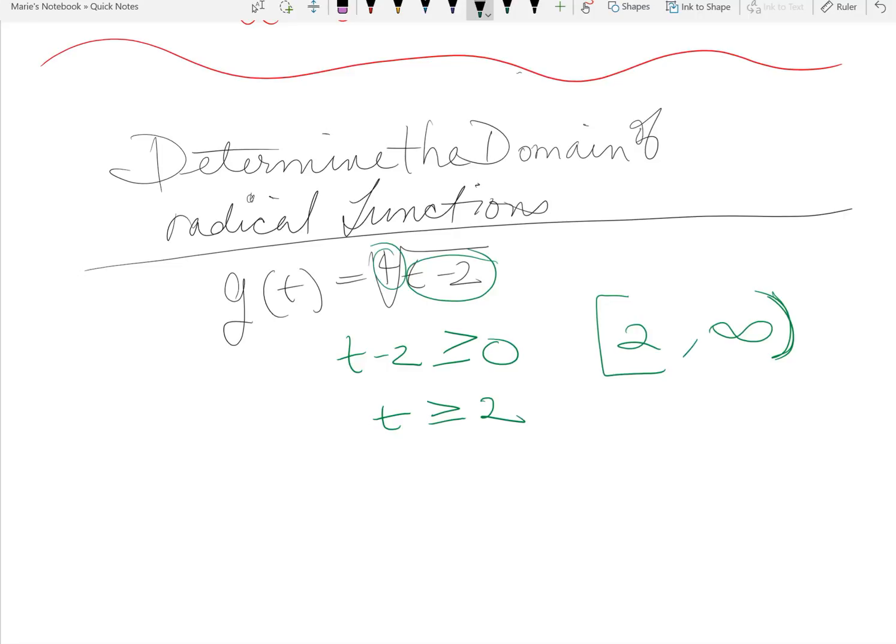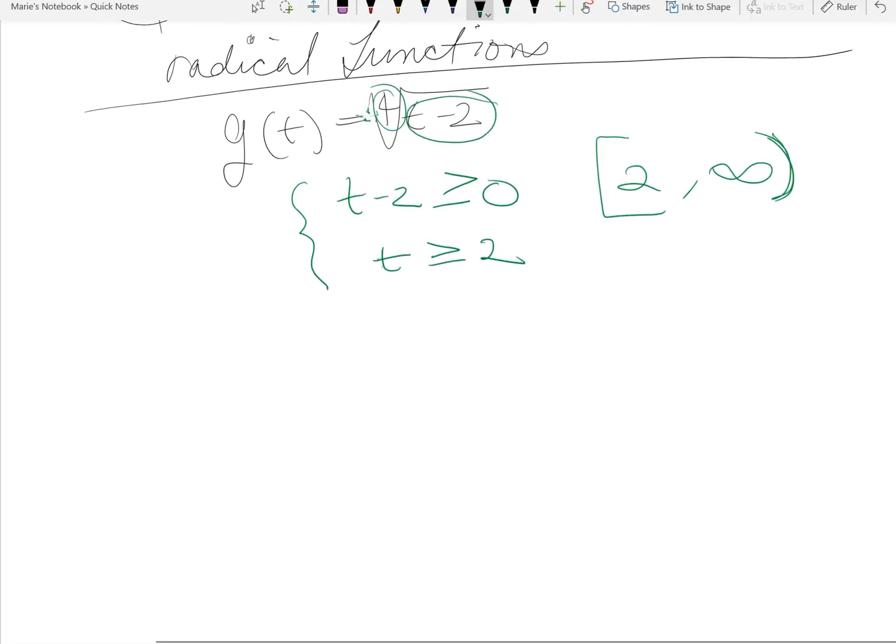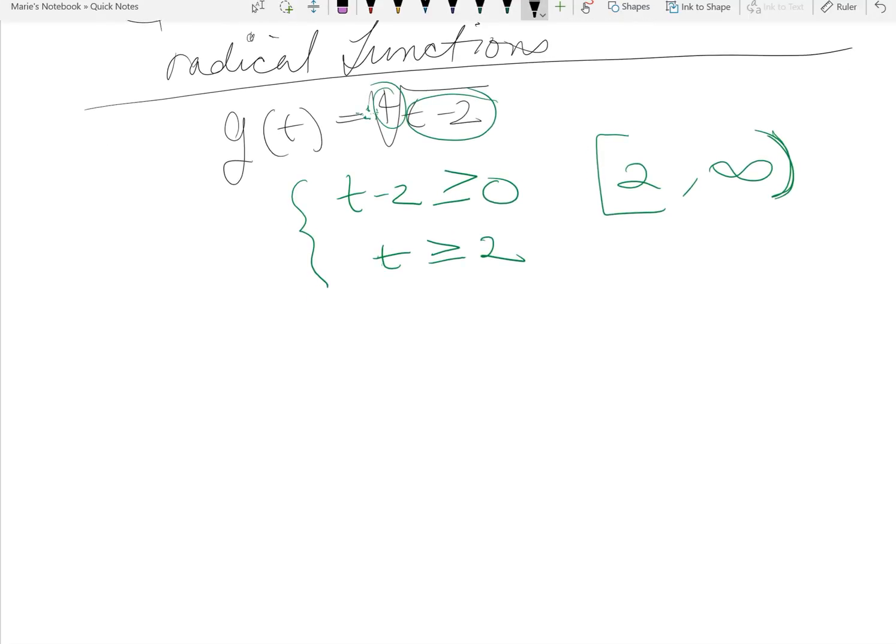Now, the reason we use this process is because that is a 4th root. It's an even root. If that were not an even root, we could not use this process. And I'm going to prove it to you with the next example. In the next example, I have h of a is the cube root of a minus 3.